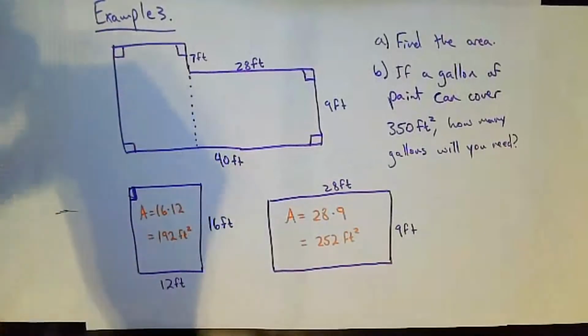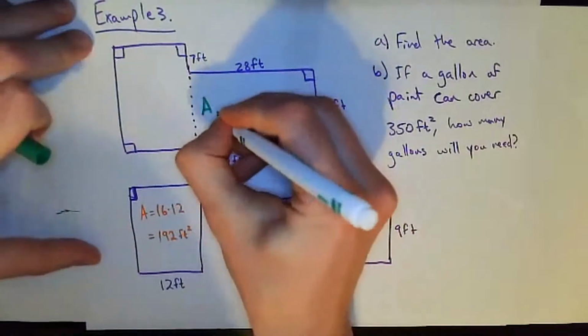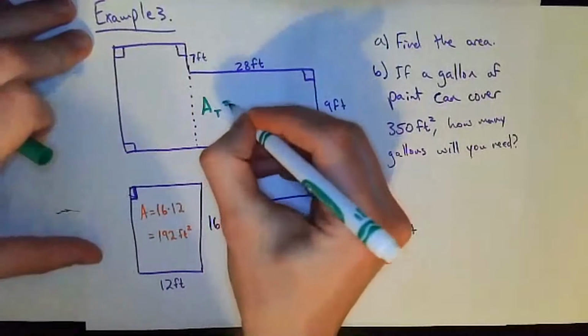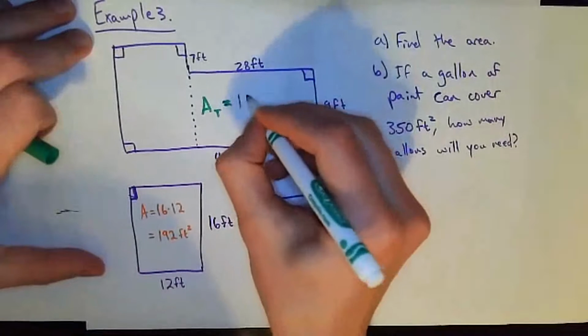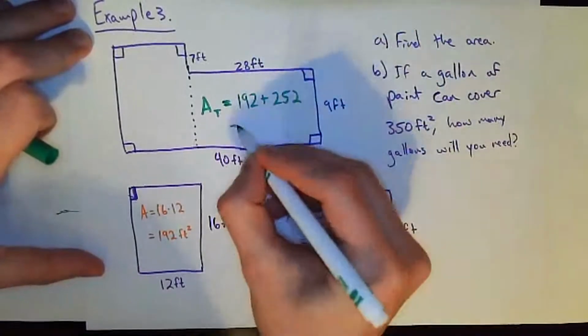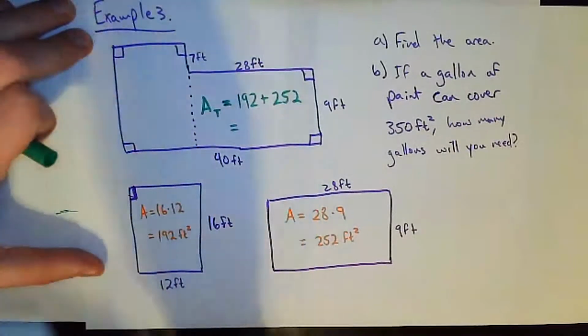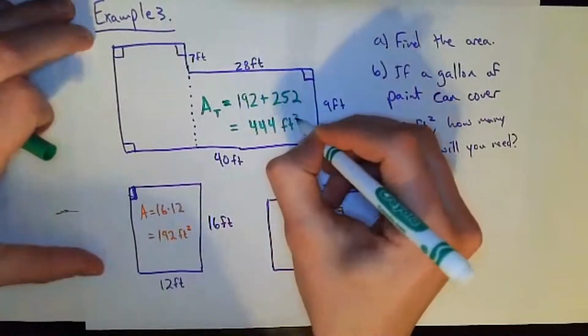So my total area, which I'll denote with green up here, I'll say A sub T for total, so that's A subscript T, is just going to be the sum of these two. 192 plus 252, which is going to equal 444 feet squared.